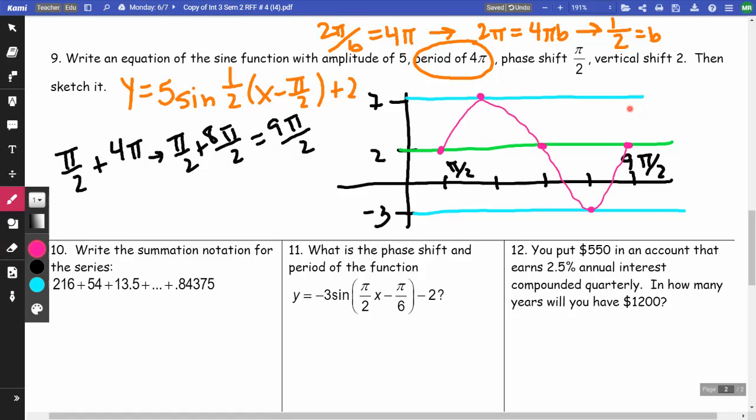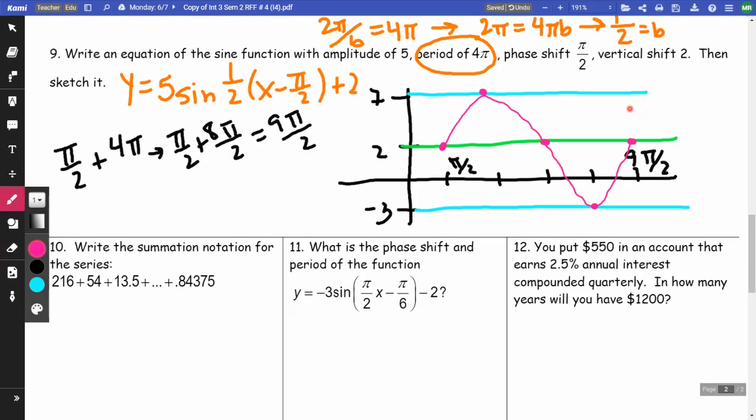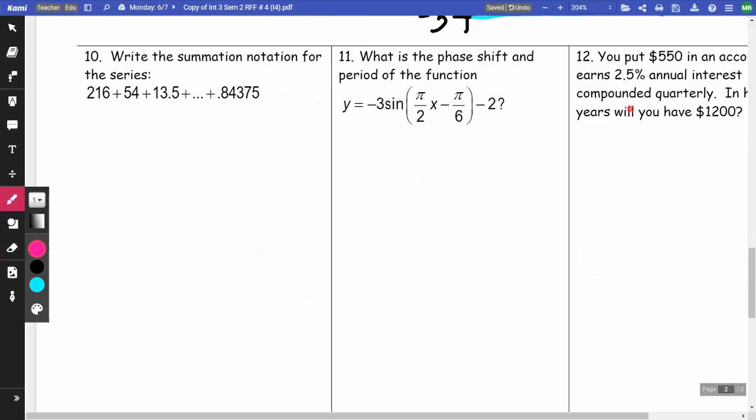Okay, on number 10, write the summation notation for the series. So looking at this, I'm thinking that it is geometric. So I'm thinking I'm taking 216 times something to get 54, which means my r is going to be 54 over 216.